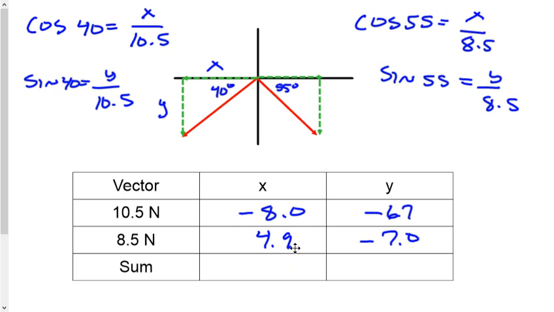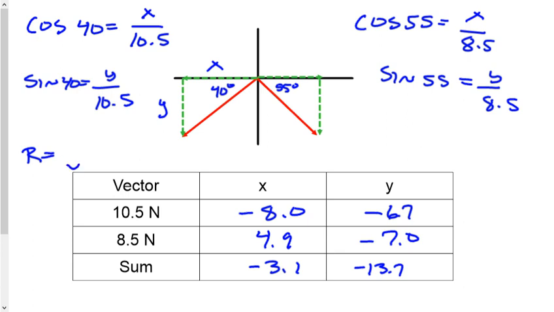Now we just add all these up. Okay, this one here is going to be equal to a negative 3.1. And this one here is a negative 13.7. So our first step was to get our x's and y's. Our next step is to summarize. Now we're going to Pythagorize in order to get a resultant vector. So I'm going to call this resultant vector r.